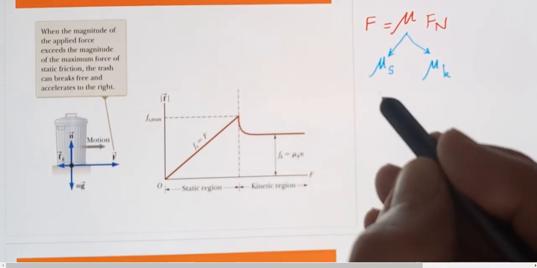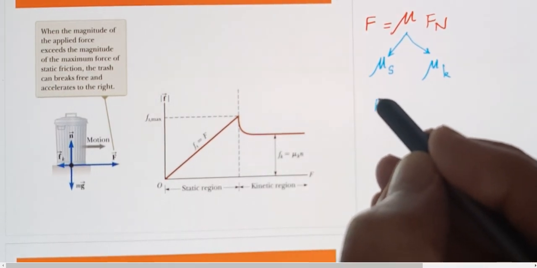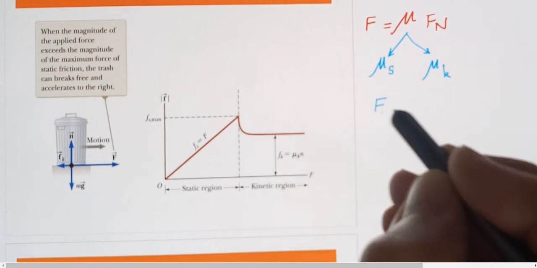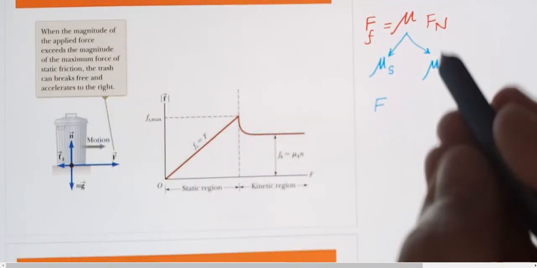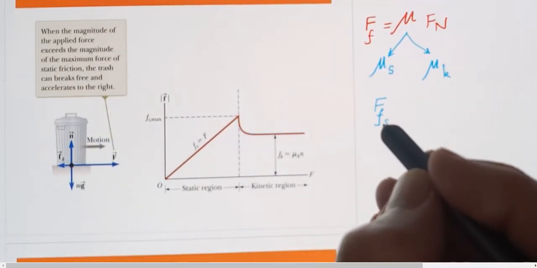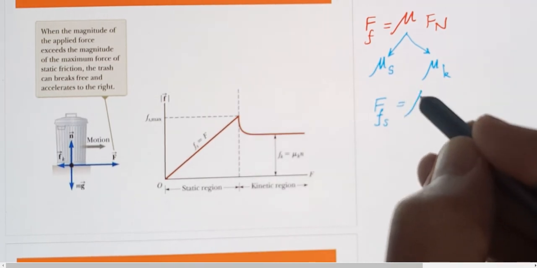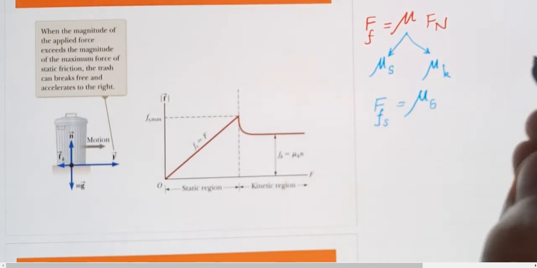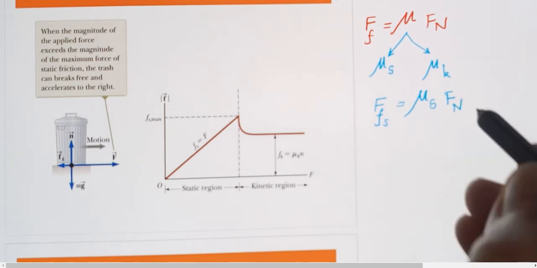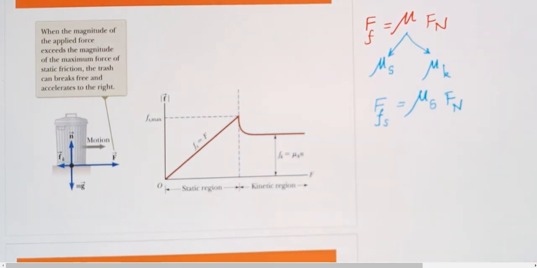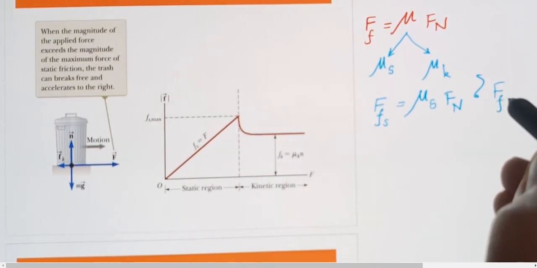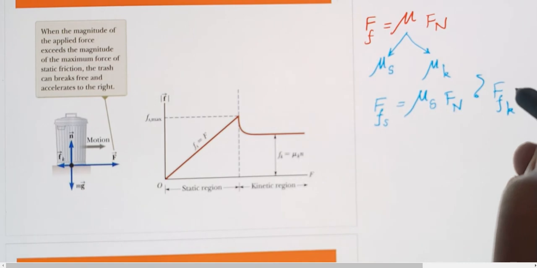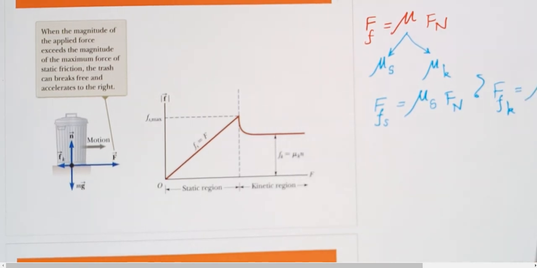So that means we have 2 forces. If the object is not moving, the force of friction static is equal to the coefficient of friction static multiplied by the normal force. And we have the force of friction kinetic, equal to the coefficient of friction kinetic multiplied by the normal force.